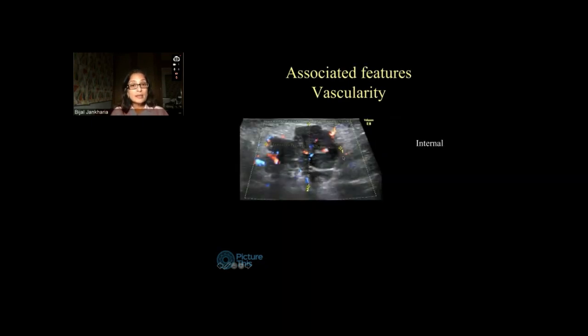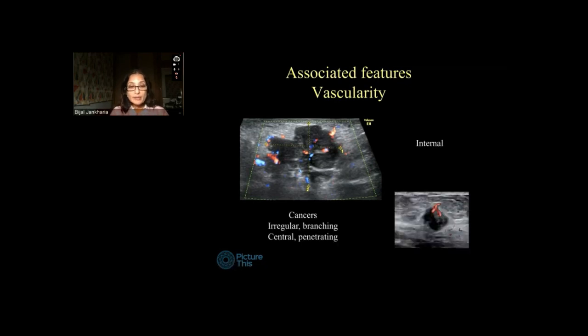And if there is internal vascularity, it could be malignant, but some benign lesions may also show it to us. Cancers usually show us irregular branching, and sometimes you see these vessels just going down from the center of the lesion, like it is seen here.